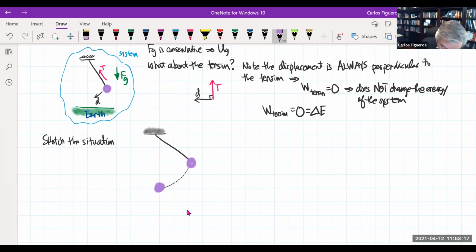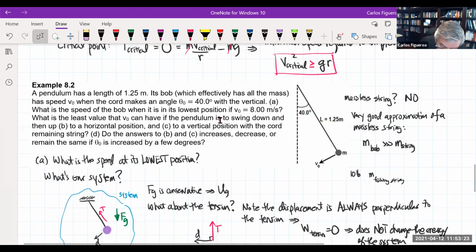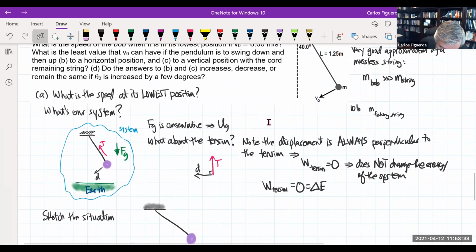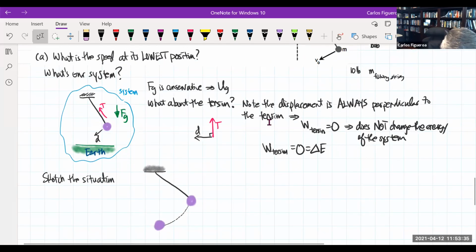I did not see what happens in A. What is the speed of the bob when it's at its lowest point if the initial speed is 8 meters a second? So what we do know here is that it's initially pushed so that it's moving 8 meters per second.